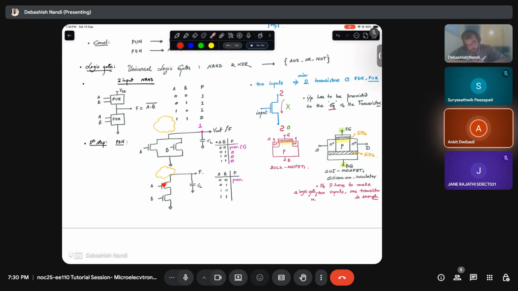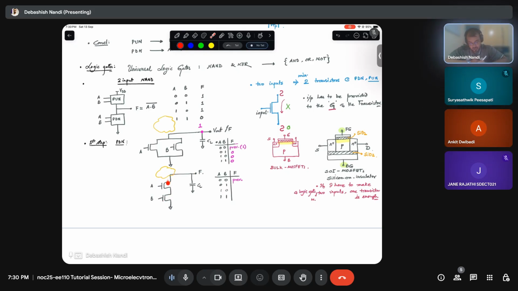Still, it will be the previous stage because it cannot flow to the ground. So the circuit is not closed, right? The capacitor cannot discharge. If this is on and this is off, it is equivalent to the entire thing being off because it is in series connection. So in this case also it will hold the previous value. This case also it will hold the previous value, and only when both are on will it go to 0.